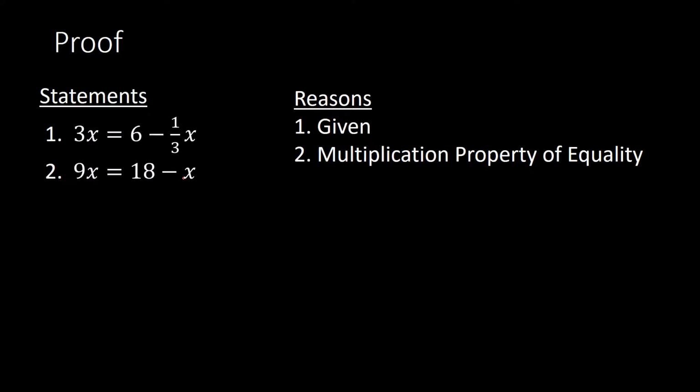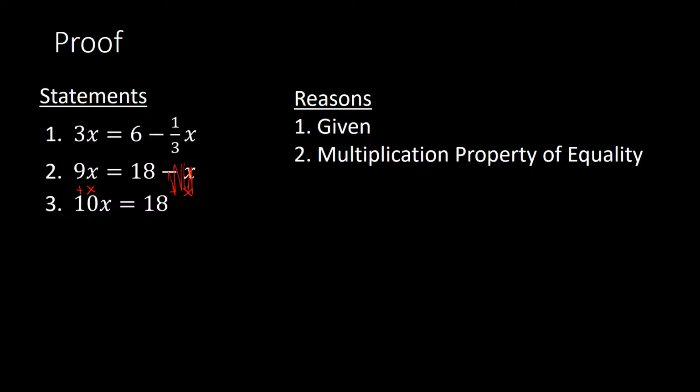Now we need to get the x's together on the same side. So how do we do that? Well, if I were to add x to both sides, this brings the negative x over to the left side. This will cancel. I now have 9x plus 1x, which gives me 10x. So that is a good next step.